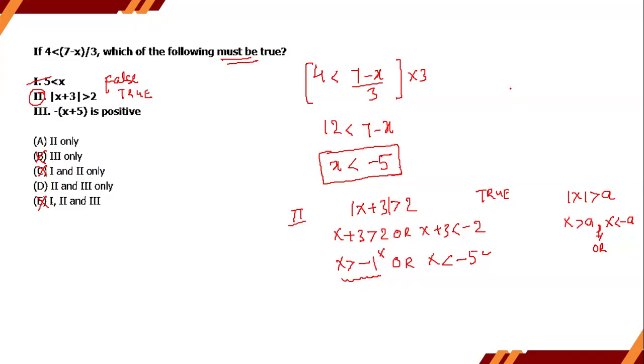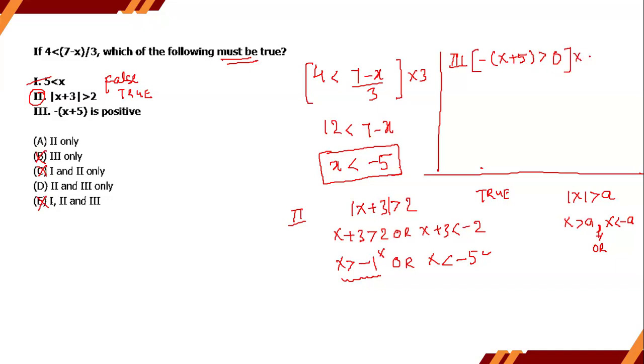All right, now let's check option 3. So minus of (x plus 5) is greater than 0. Now we will multiply this inequality by a negative number, so the sign of the inequality will flip.